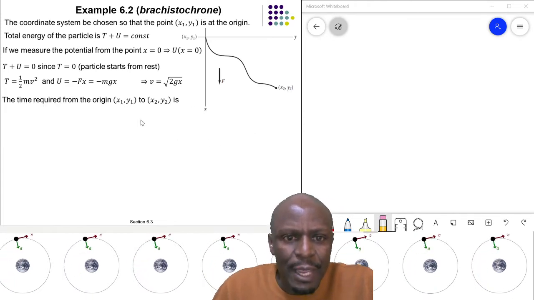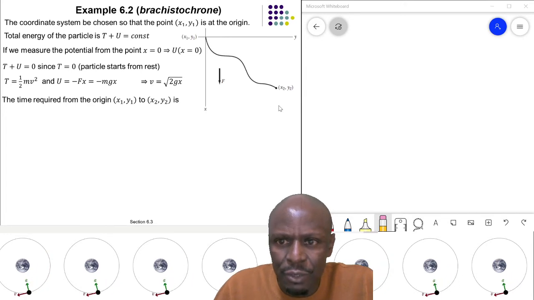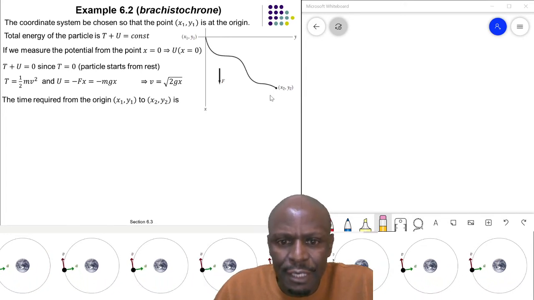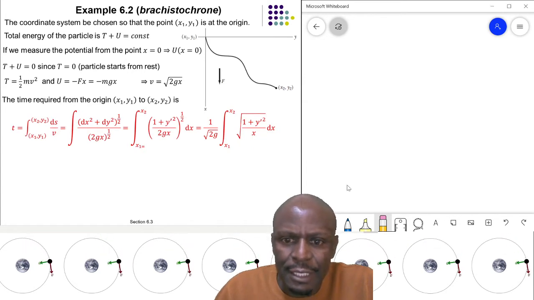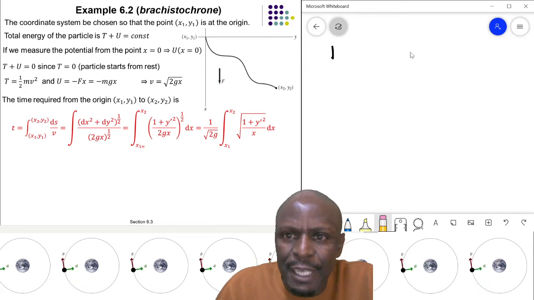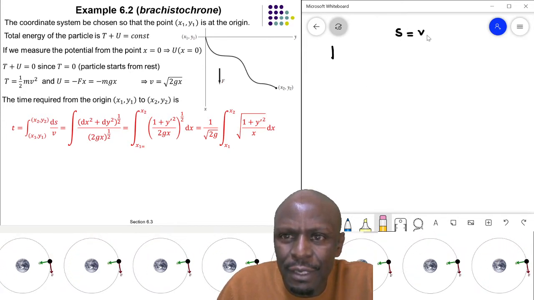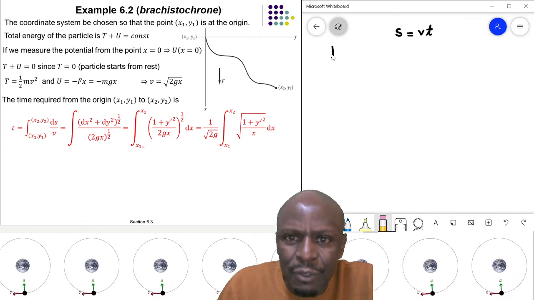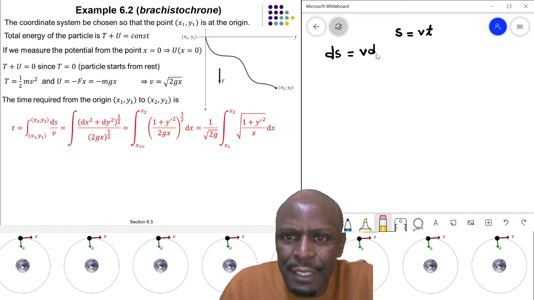Now the time required from the origin point to that point is given by this. Why is that the case? Because you remember the displacement s equals vt. But if I am talking about a small displacement, that must be v dt.